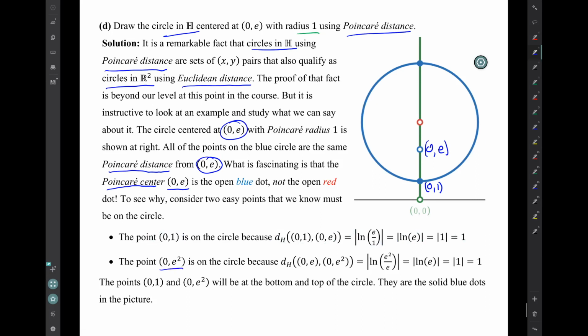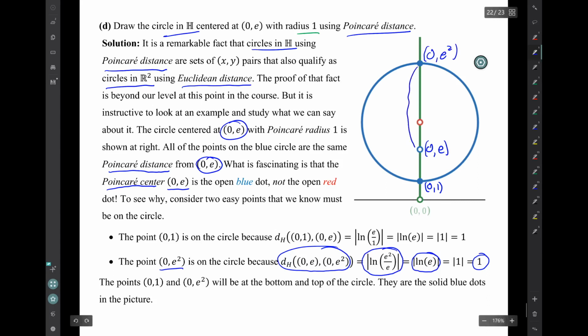Let's compute the Poincare distance between 0, e and 0, e squared. Well, I end up taking the log of that ratio, so again I find ln of e, and I get the number 1. So this point up here is 0, e squared, and again the Poincare distance between that point and that point is 1.